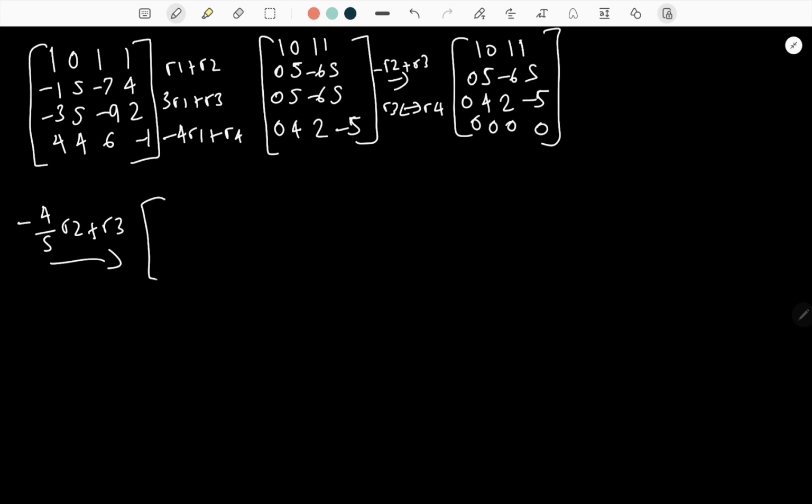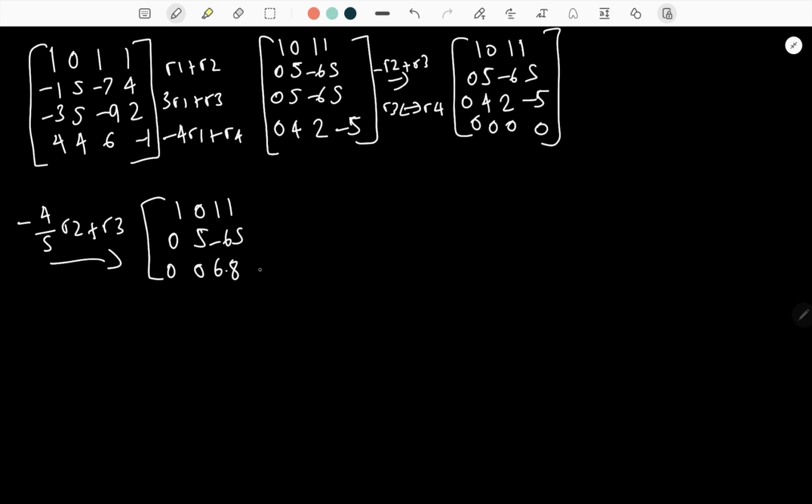So now this will give you 1 0 1 1. Second row is also the same. Third row is going to be 0 0. Now you can use a calculator to do minus 4 over 5 times minus 6 plus 2, which will give you, let me type that on my calculator, 6.8.